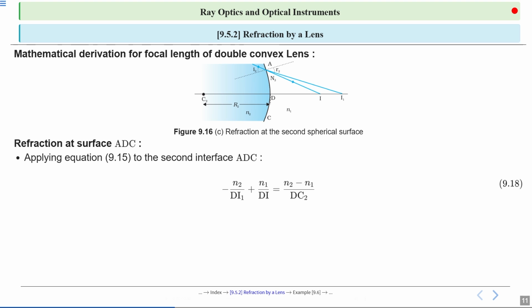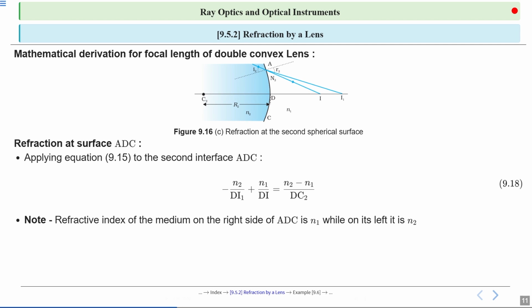Plus the ratio of the refractive index of the medium in which the image is placed upon the image distance. So N1, in which the final image is present, upon di, is equal to N2 minus N1 upon DC2. DC2 is the radius of curvature of this surface ADC. Mark it as equation 9.18.